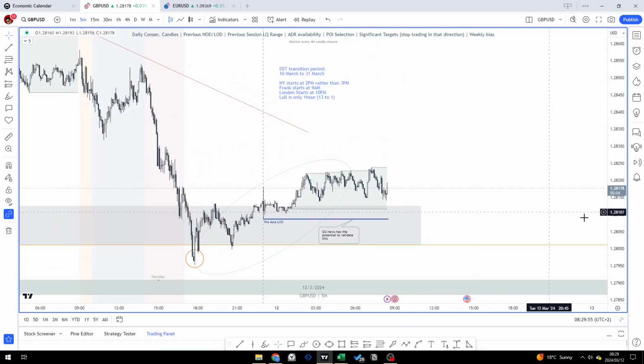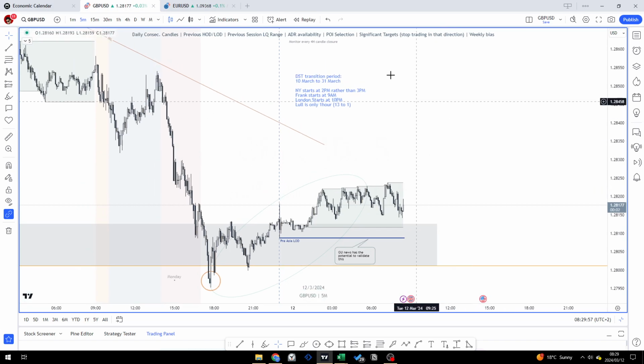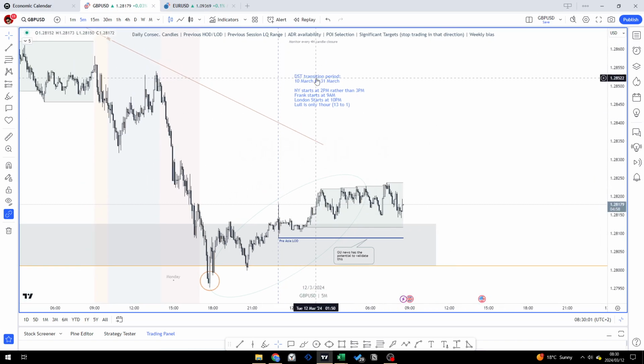The other thing that I didn't point out yesterday is that there's a DST transitional period where America is going into its DST phase, so it will adjust times by 1 hour forward at this point in time.